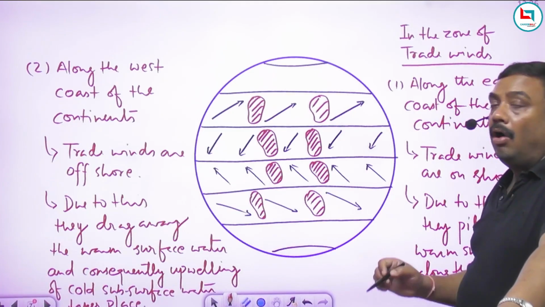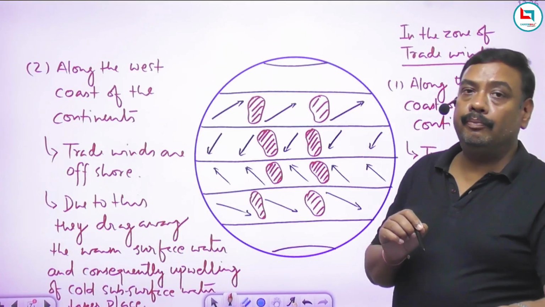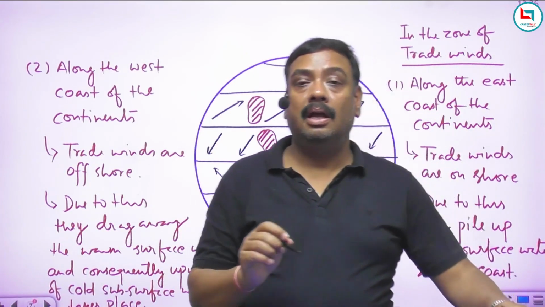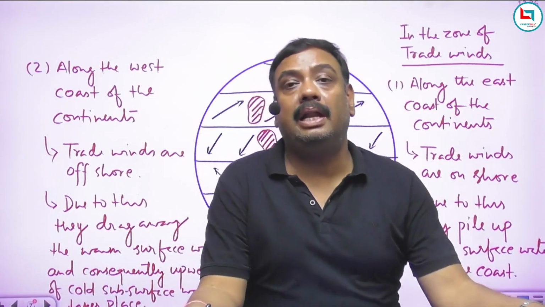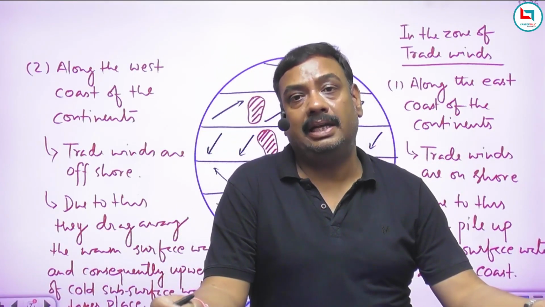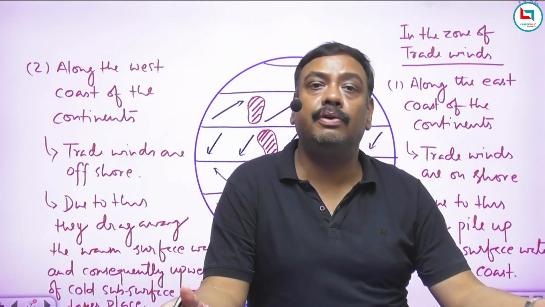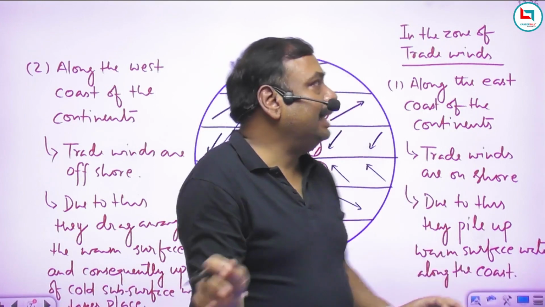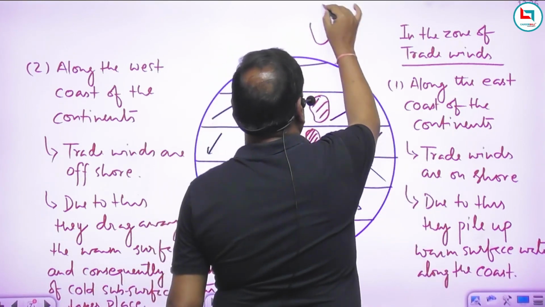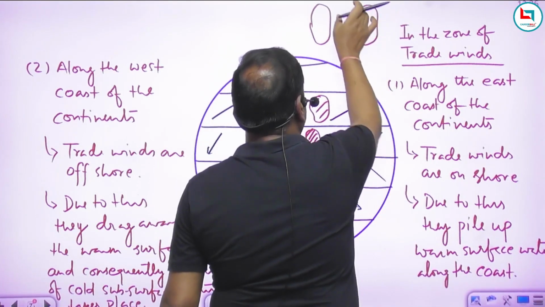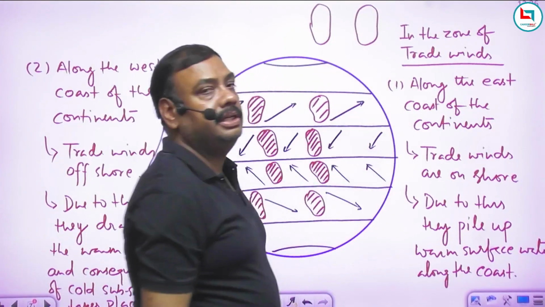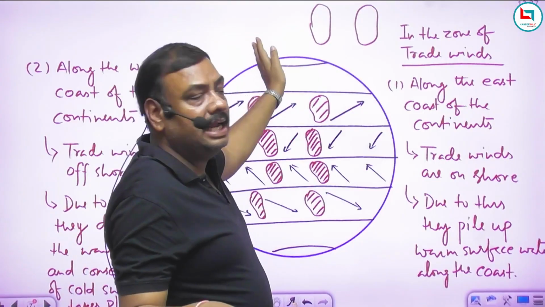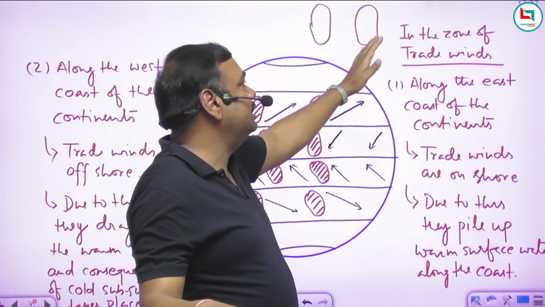Always keep in your mind the direction. It is very important, because on the basis of direction you will be given the statements in the question and you get confused. When I say that these are the two continents and there is an ocean between them, say it is the Atlantic Ocean, on the western side we have North America, on the eastern side we have Europe.